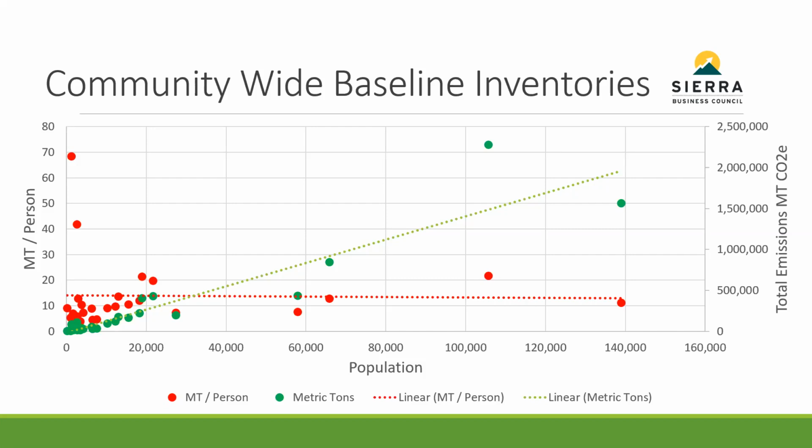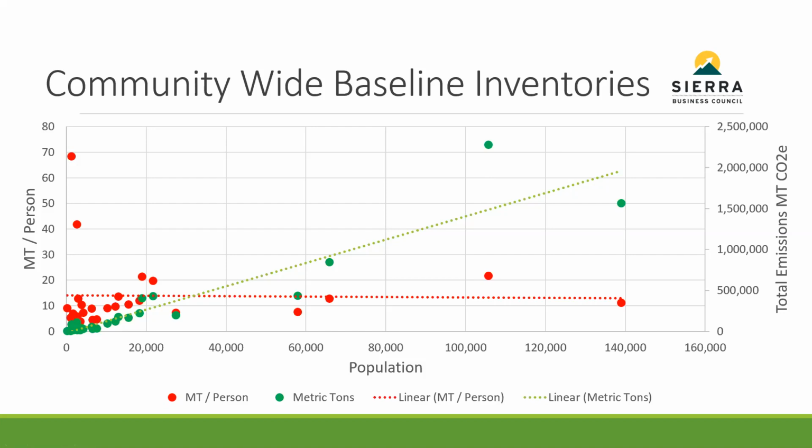The total emissions are the green dots and the green line, noted on the right-hand axis, and they range up to about 2 million metric tons for the larger counties. I want you to notice the one high green dot, the one that Paul's pointing to. I'm going to talk about that a little bit later. This is the original baseline inventory, and we did a re-inventory, and that number did come down.